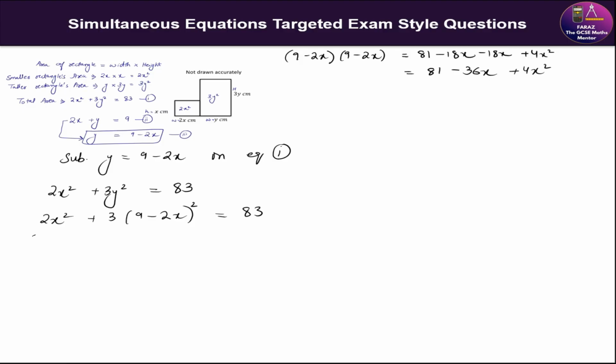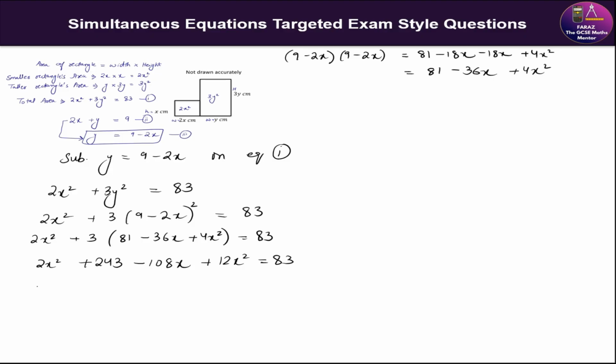So we can rewrite it as 2x squared plus 3 times 81 minus 36x plus 4x squared equals 83. Therefore we have plus 3 into 81 is plus 243, and 3 into negative 36 is negative 108x, and plus 3 into plus 4 is plus 12x squared, equals 83.